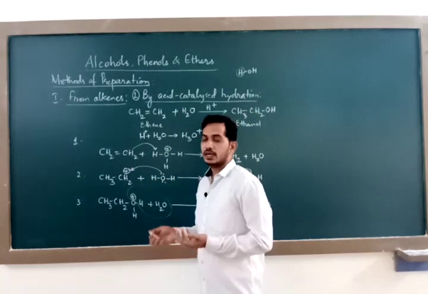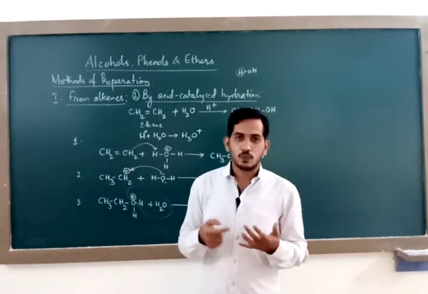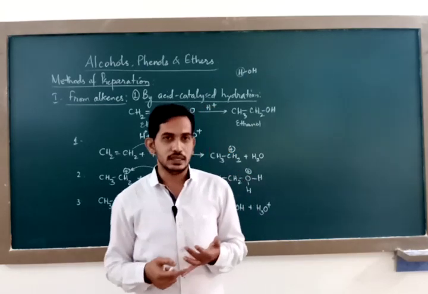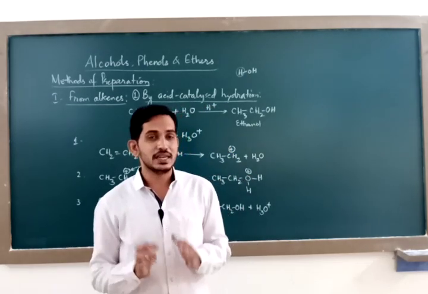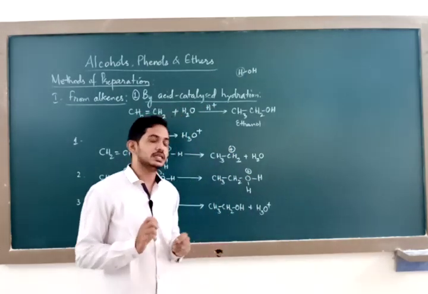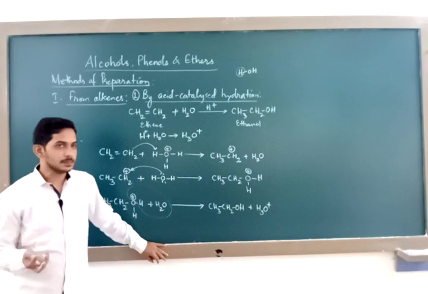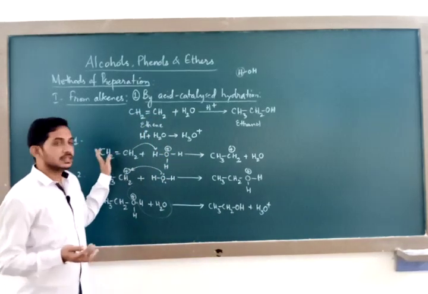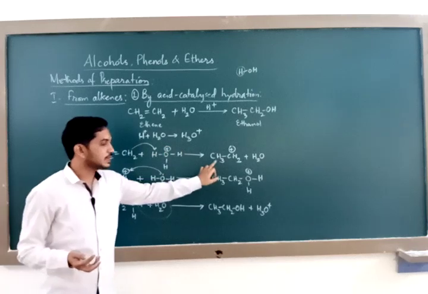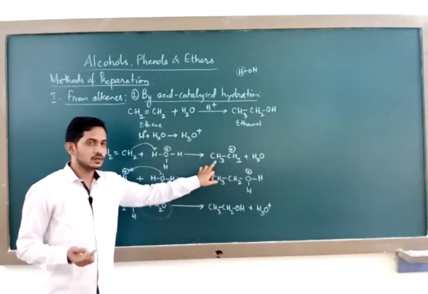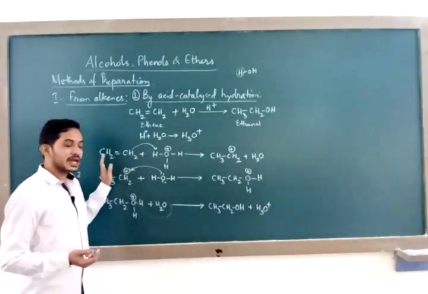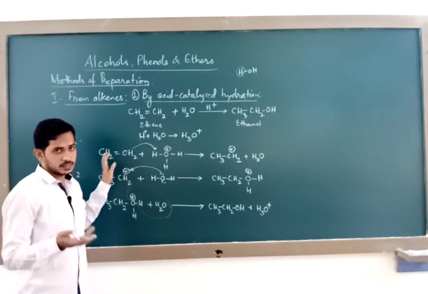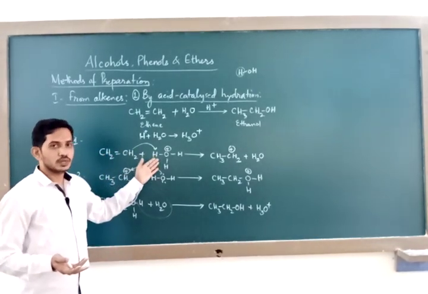So how is it prepared? By reacting water with ethene, you will get ethanol. This reaction is done in the presence of acid as a catalyst. Now this reaction has 3 steps. The first step is formation of ethyl carbocation. This is done by reacting a given alkene, that is ethene, with hydronium ion.